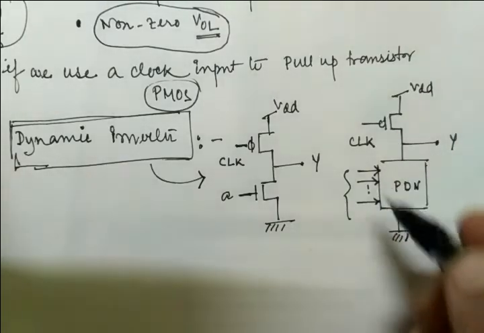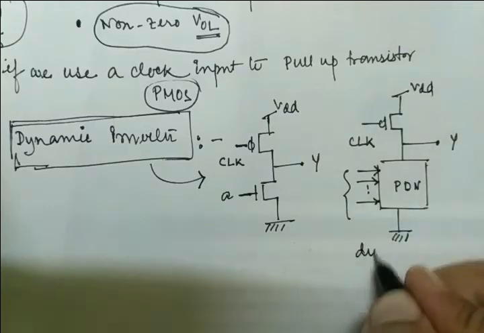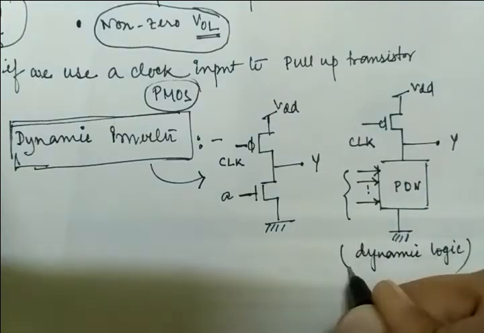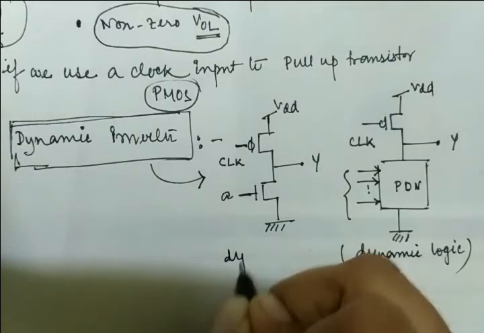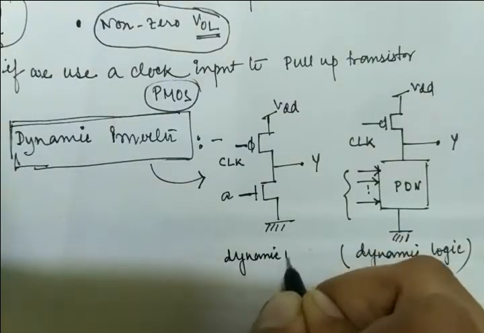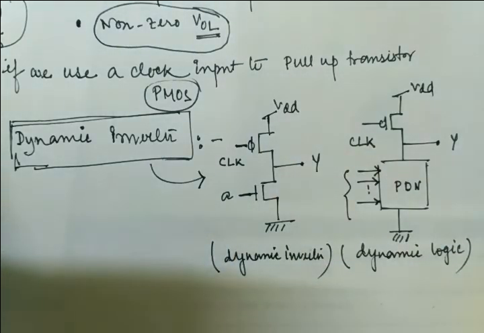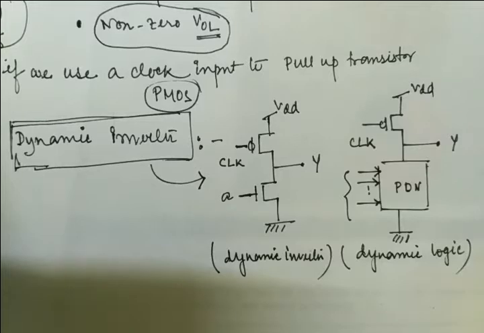So this is the general diagram of the dynamic logic circuit, and this is the general diagram of the dynamic inverter circuit, right? Because the number of transistors is very small, it will be much easier to understand the principle, the phenomena that are happening inside the dynamic logic circuit.